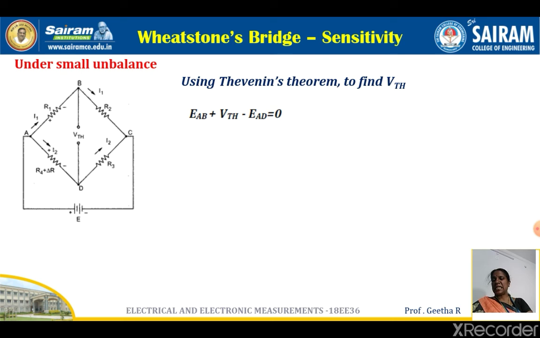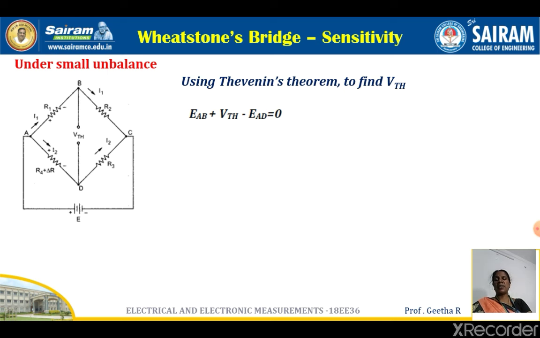When you consider ABDA, using the mesh equation or the loop equation, you can add all the voltages and find VTH. You can write the voltage across AB plus V Thevenin minus EAD is equal to 0. You move along the path in the clockwise direction, from A to B, B to D, then D to A. From A to B, the voltage across R1 is EAB.